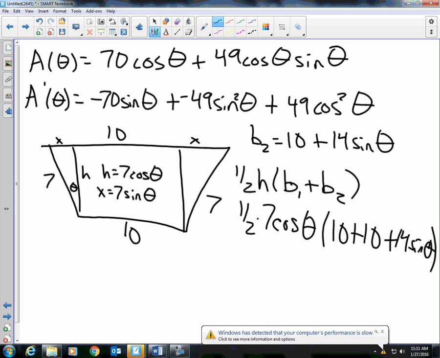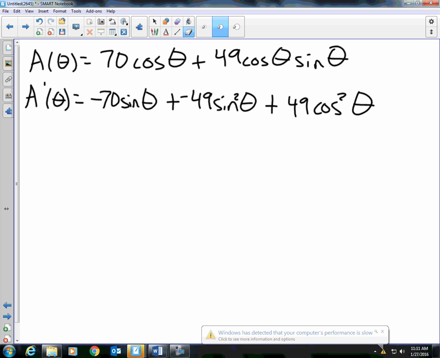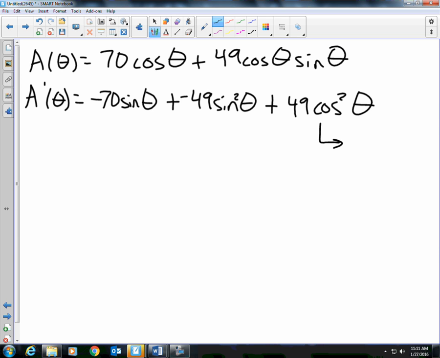Okay, so we get back here, and Hannah, or who said that it's 1? Hannah, way to go. Sine squared plus cosine squared is 1, but I have a negative here. So if I were to factor out negative 49, I get sine squared minus cosine squared, and that's not equal to 1. But I can use this piece which you just said, sine squared plus cosine squared is 1, to insert for cosine squared.